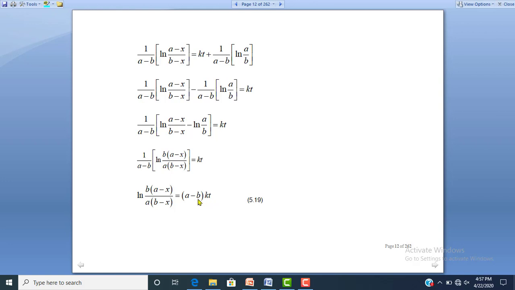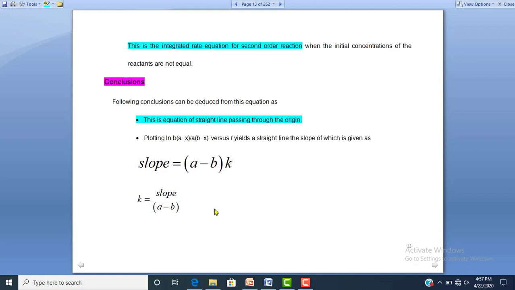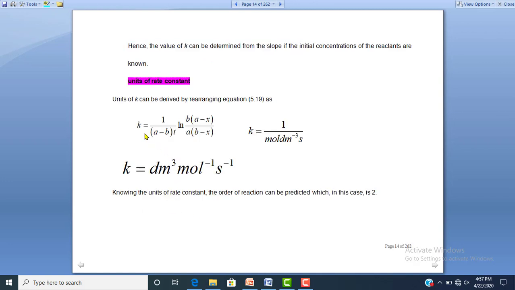So we divided by a minus b into t on both sides. Ultimately, we get this value, that k is equal to 1 over a minus b into t into natural log into b into a minus x, a into b minus x.